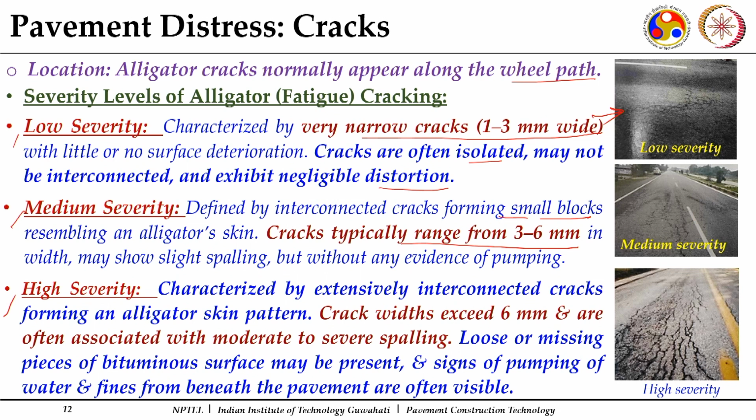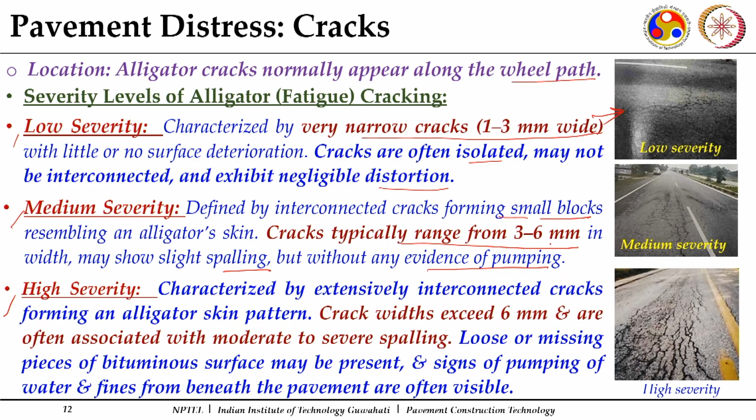The crack width expands and they get interconnected. But still at this moment you will see that there is no loss of edge materials, spalling is not there, and there is no pumping, no soft soil or fines coming from these cracks from the underlying layers.